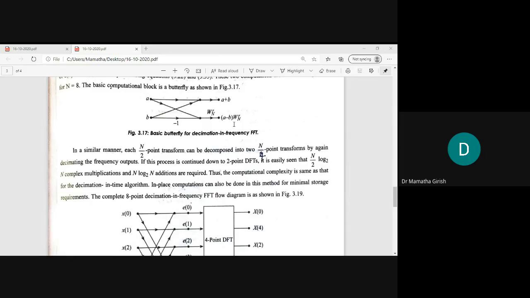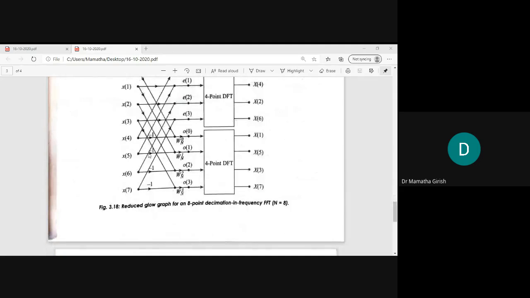Only the output of the butterfly in the lower arm will have this twiddle factor. And also please take care of this -1. The -1 term has to be multiplied to the bottom input, and that result has to be added to the other input, and the whole term should be multiplied by the twiddle factor term.